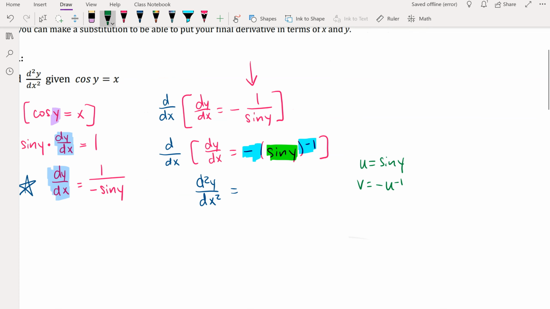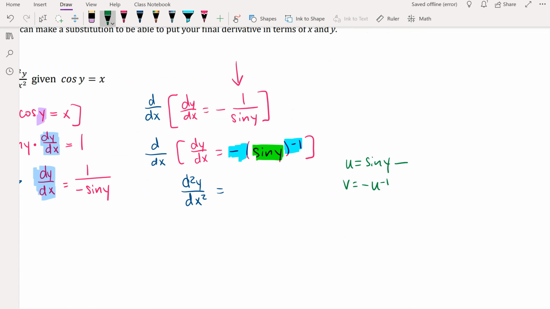Now, let's go off on this side tangent, take these derivatives with respect to x. Remember, we're taking the derivative of sine with respect to x. That's going to be cosine y times dy dx. And then we need to take the derivative of negative u to the negative 1.